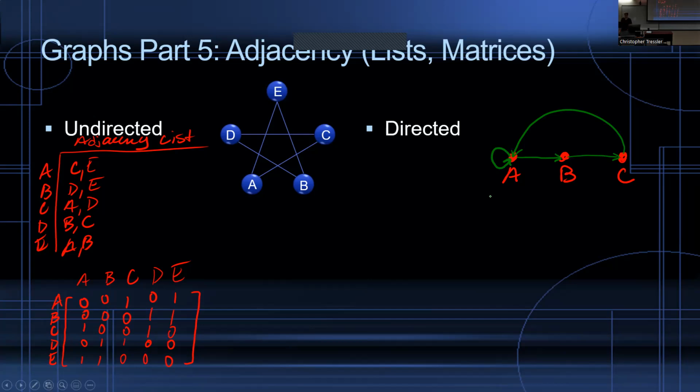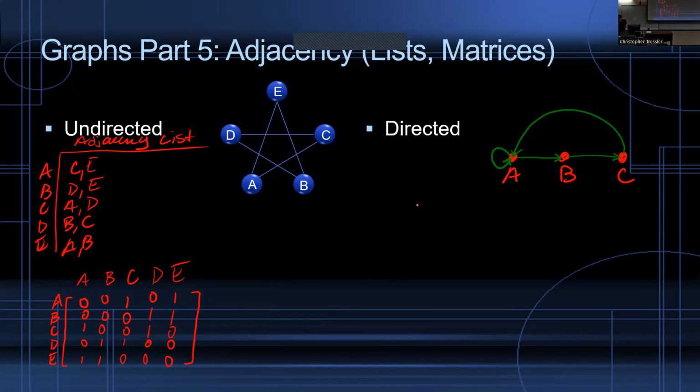So essentially for this adjacency list, when you do a directed graph, you're going to be looking at the out degree for this to work. What that means is that when we're looking at what's adjacent, we're looking at what is starting at your point and going to another in order for it to be adjacent to something else.